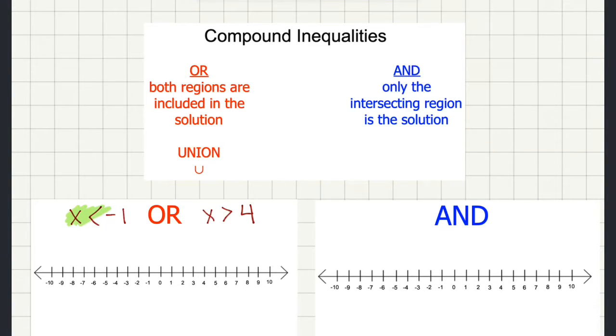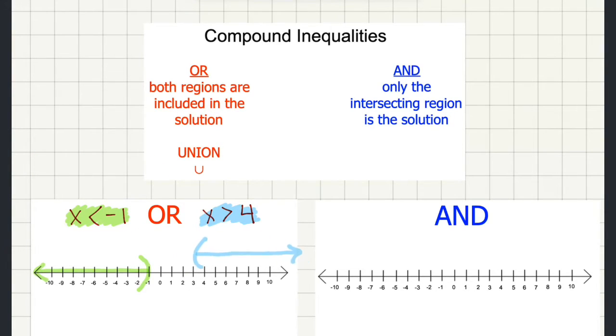Now, x is less than -1, I'm going to graph on the first grid like that. And then x is greater than 4, I'm going to graph on the next grid. I'm going to move it to where it goes.